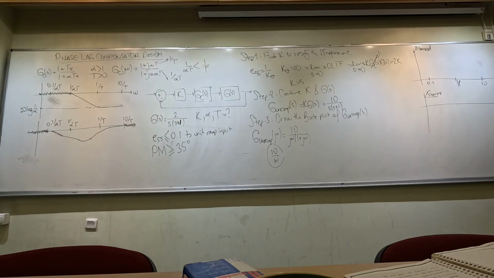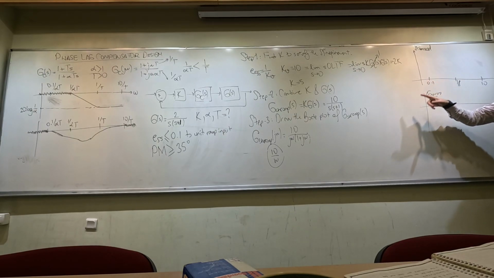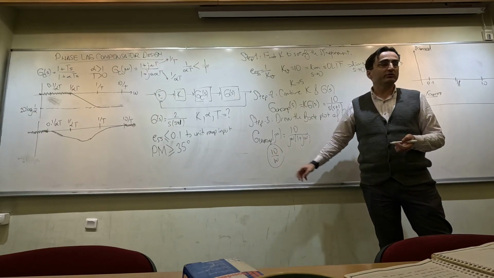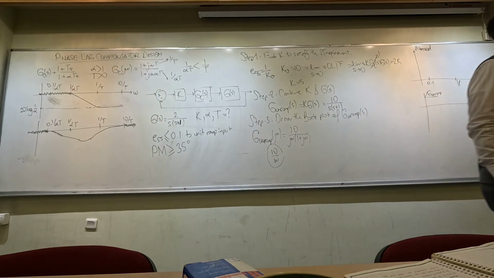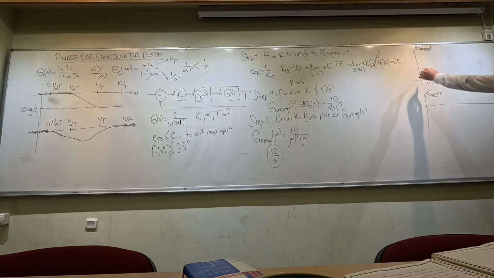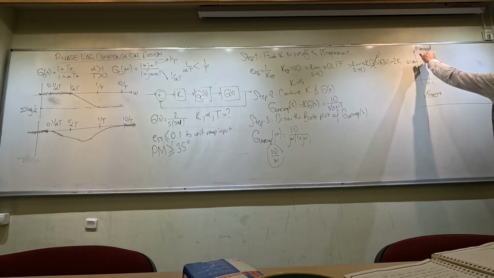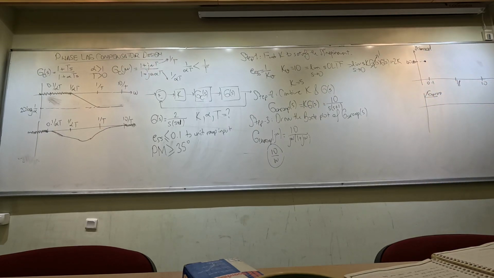But I need also a starting point. The starting point is going to be obtained at the frequency 0.1. If I substitute omega equal to 0.1 here, the magnitude is going to be 100 in linear scale. In dB scale, it's going to be 40 dB, meaning that if I put 40 dB here, we're going to start this plot somewhere here. And I'm going to draw a line with minus 20 dB per decade slope.